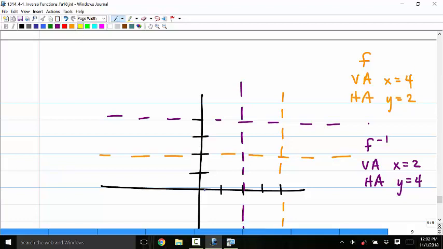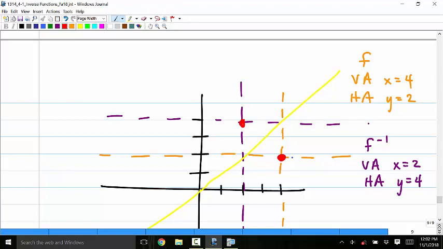Do you see how the line y equal x, there's symmetry across it? This point here at 2, 4? The intersection of the vertical and horizontal asymptote is here at 4, 2. The big thing you're supposed to get on functions and their inverses is that they switch the x's and y's.